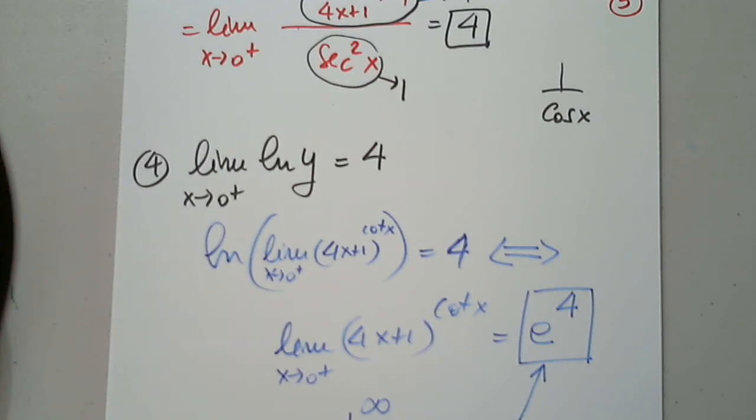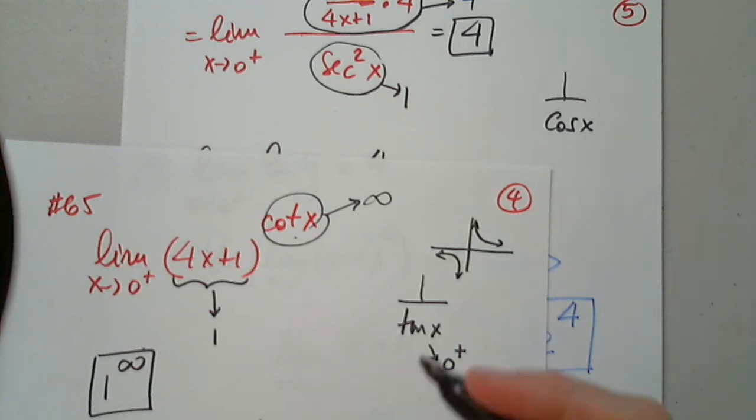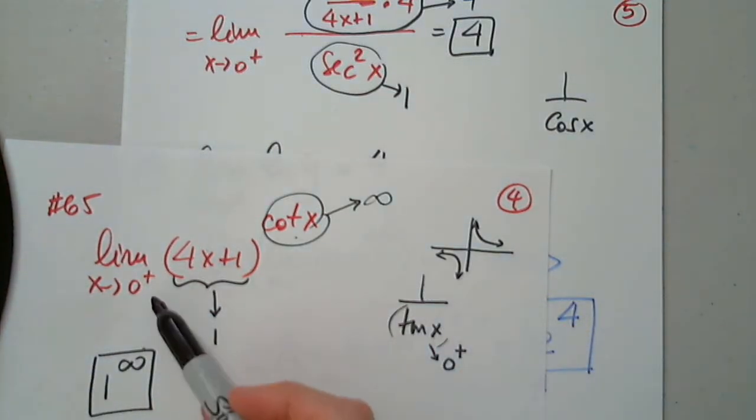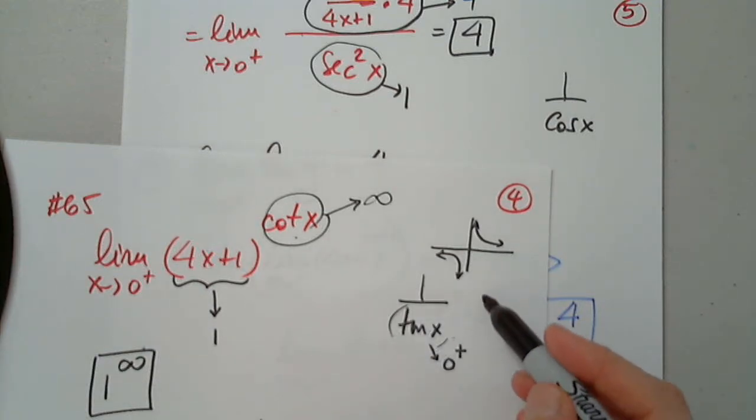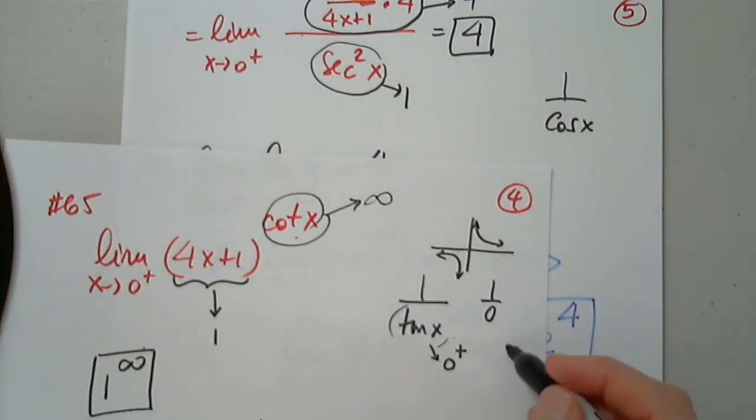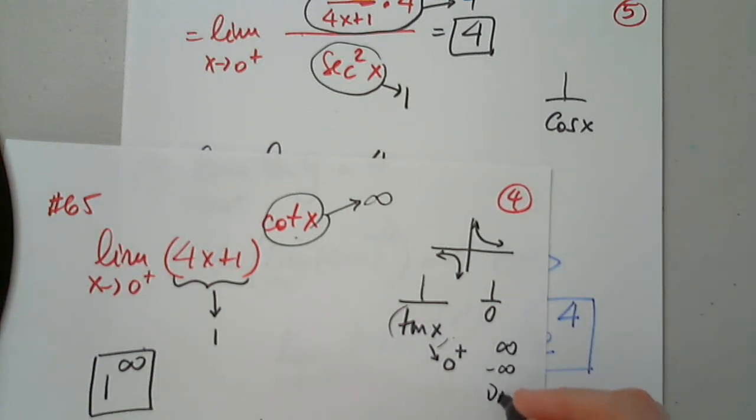I had to ask, why was the cotangent equal to infinity as x approaches 0 from the right? So this approaches 0. When x approaches 0 from the right, this is 0. Even from the left, it's still 0. So 1 over 0 is either infinity or negative infinity, by definition, or does not exist.